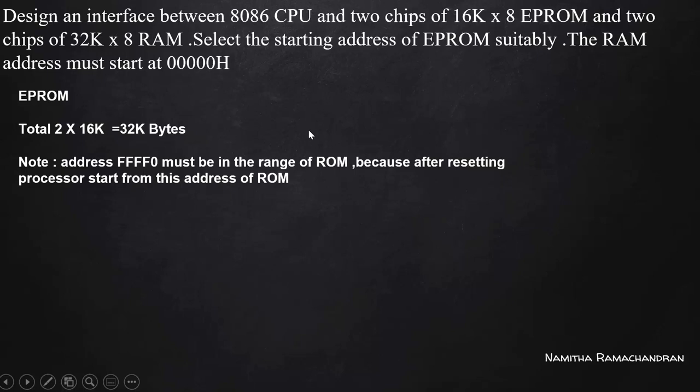Here is one more point we need to consider in the case of ROM memory, whatever it may be, like PROM, EPROM, EEPROM. You need to consider one important point: the address FFFF0 must always be in the range of ROM, because on reset the processor always points to this address. When restarting, the processor starts execution from this particular address, so this must be present in ROM space.